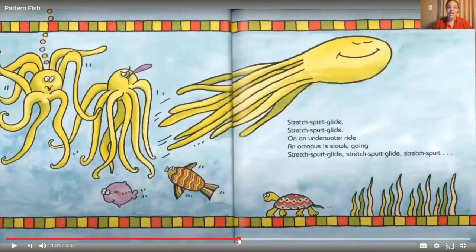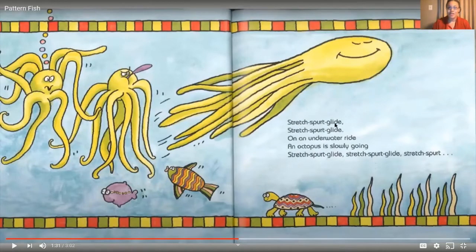Ooh, this is one I got into because this one was an action one. So imagine stretch, spurt, glide. I wish I had enough room to do the action. So let's see. Are any of these the same?